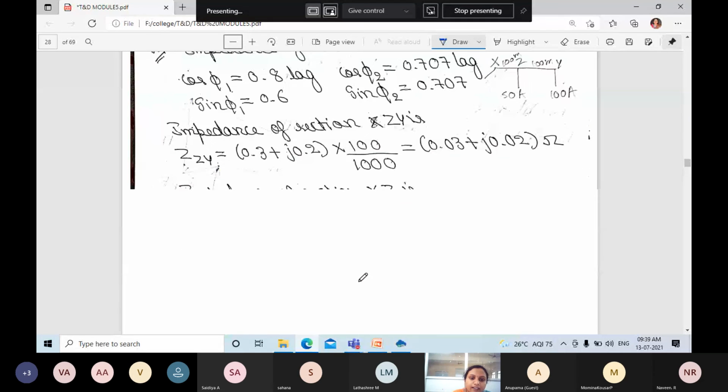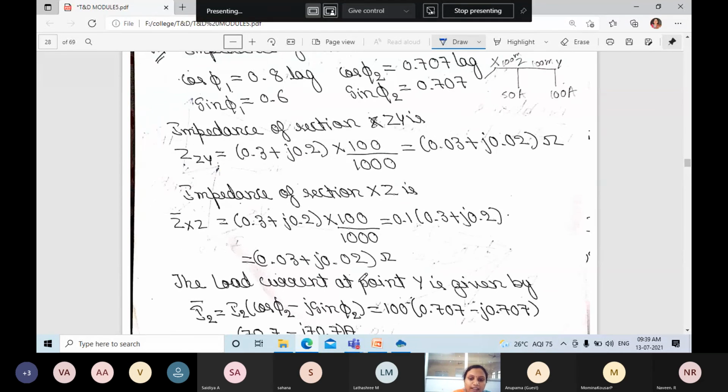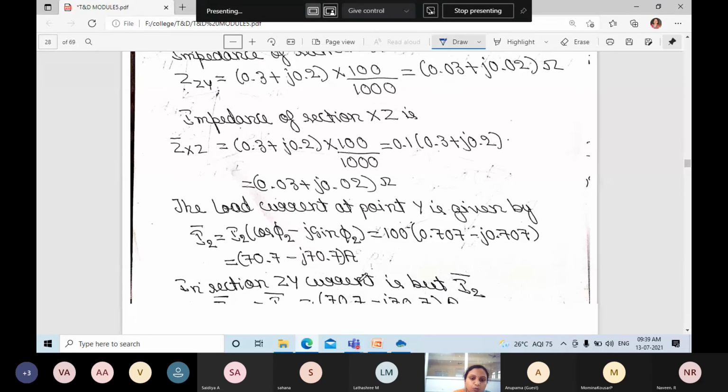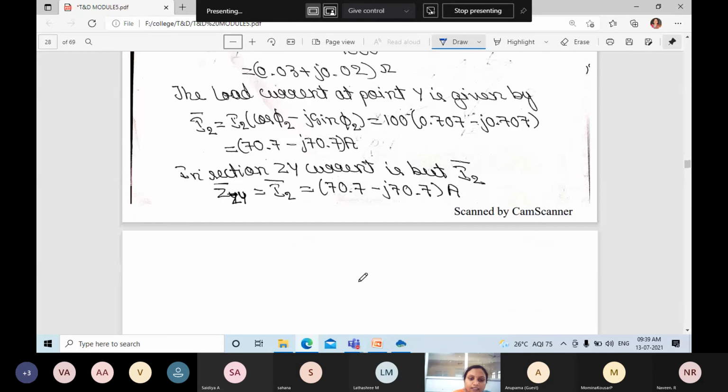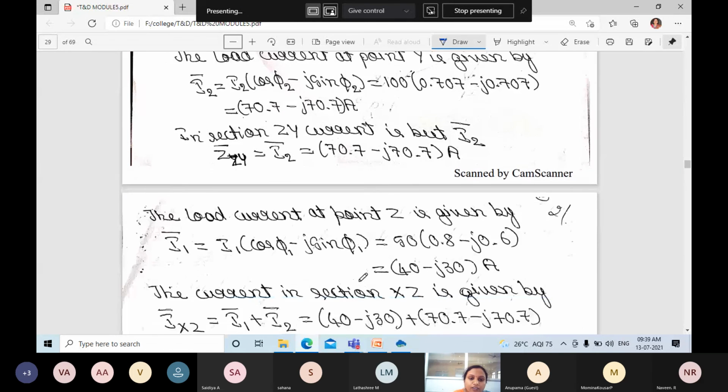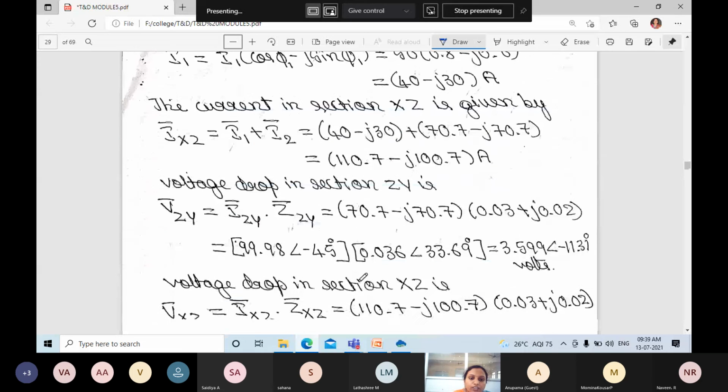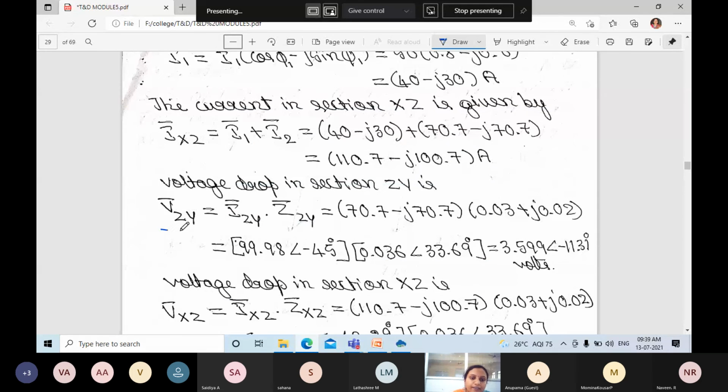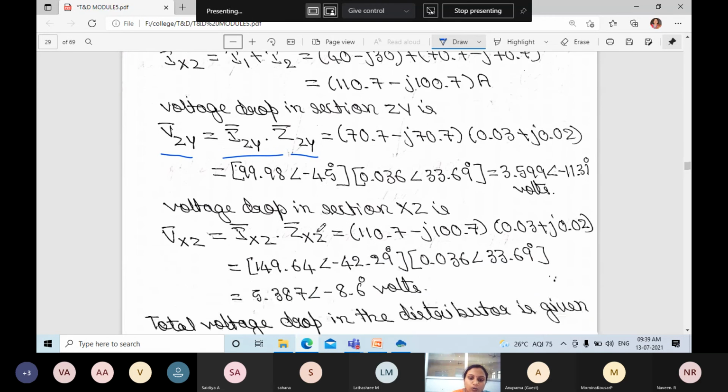First they calculated the impedance between the two points, and next they calculated the current, and finally the voltage drop between two points is I into Z. Between each section we need to find the voltage drop and then calculate the overall voltage drop.